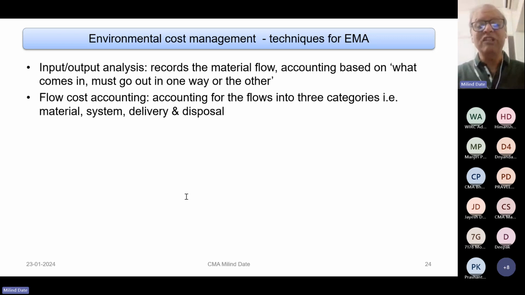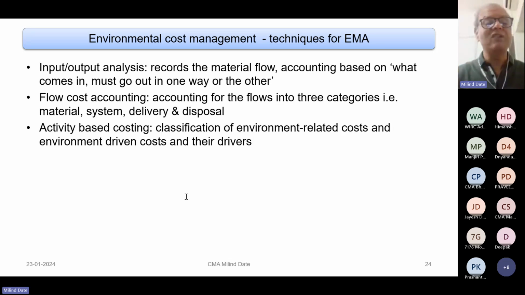It could be waste of material, it could be waste of machine time, wastage of human time, wastage of energy, whatever. But the best way of generally thought about of using is use this environmental management accounting by mixing it with activity based costing. So you classify environment related costs and environment driven costs and find out their drivers.